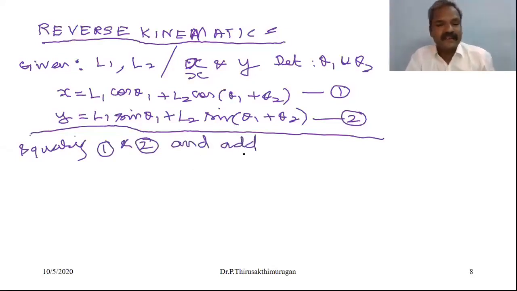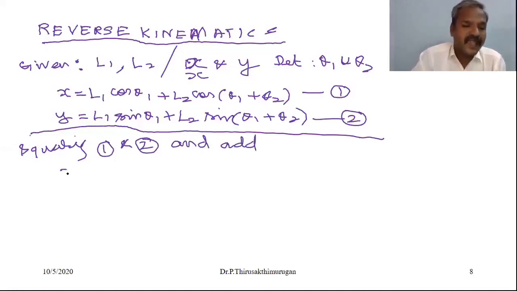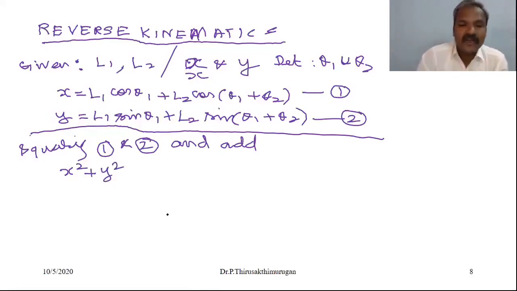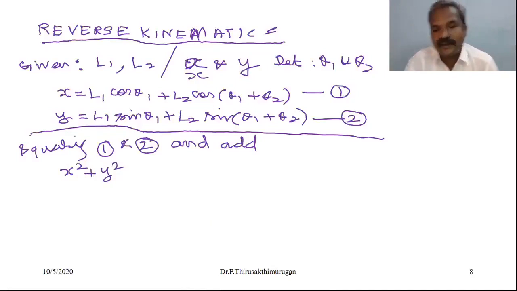What is squaring and addition? On the left hand side, x square plus y square. Similarly, on the right hand side, we square the entire thing: L1 cos theta 1 square, L2 cos of theta 1 plus theta 2 square. Please find out and give me the solution.